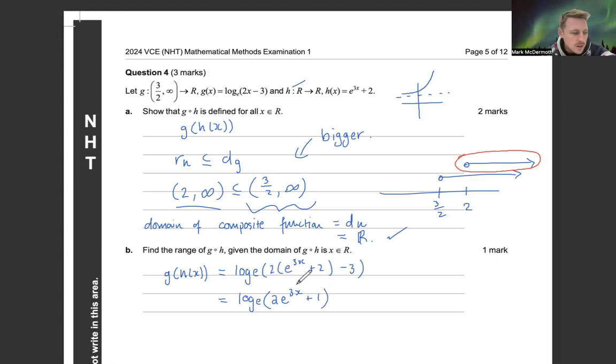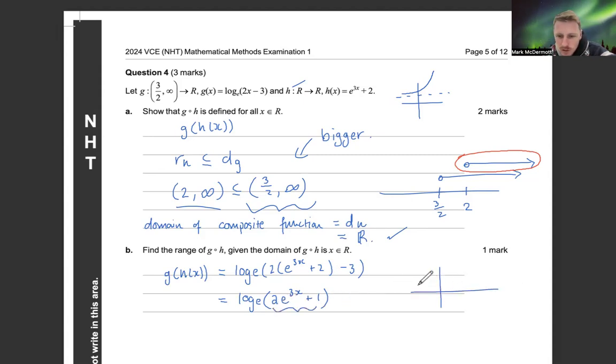Okay, now we know that all of that has to be greater than 0. But we also know we could also just work out the smallest value that this could possibly be. So let's think about what this inner function looks like.